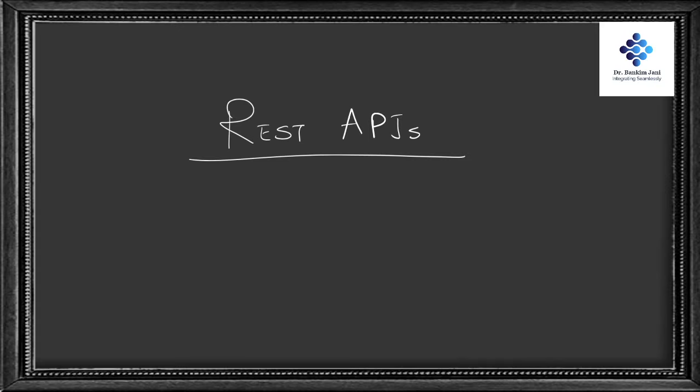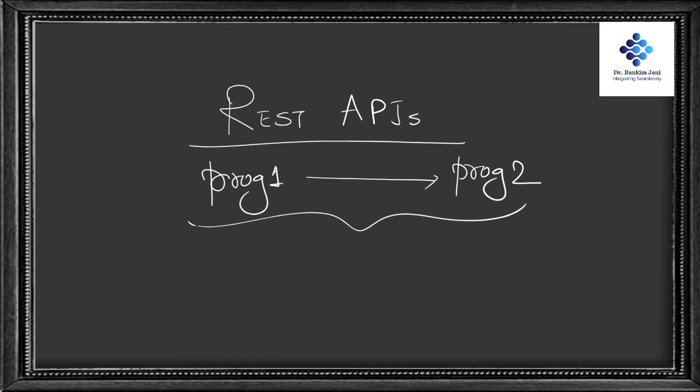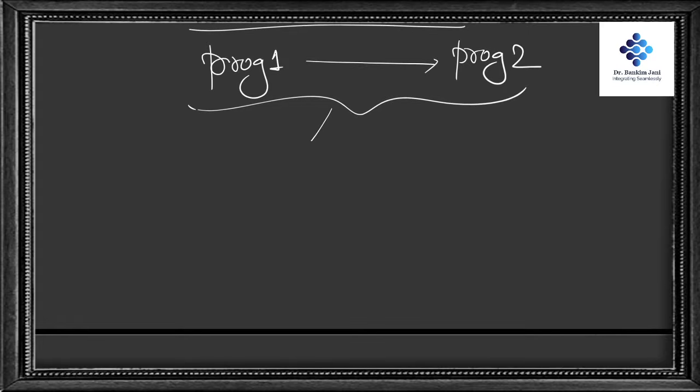Okay, one more concept we take. Now coming back to our REST API, and we know that it is running so that one program is talking to a second program. Now there can be two possibilities. One possibility is that this is running on one computer.